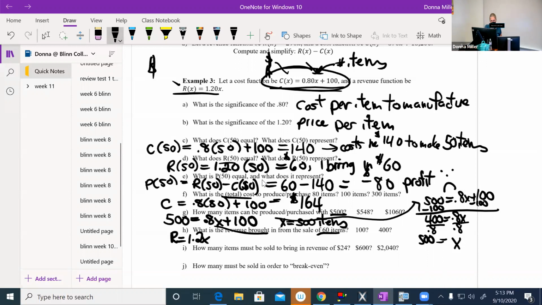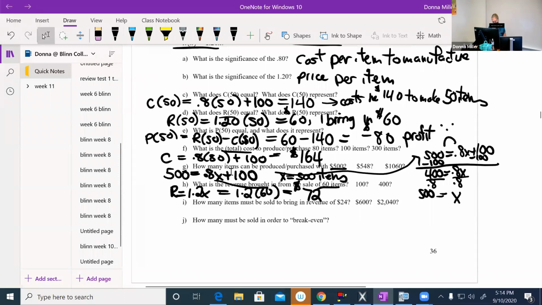It's 60 what? Items, that's X, right? Revenue, cost, and profit are dollars. So we're plugging in 60, so it's 1.2 times 60. Somebody with a calculator, tell me what that is. 72. All right, so that would be $72.